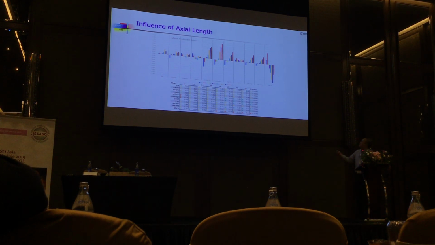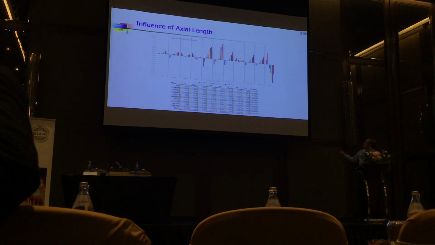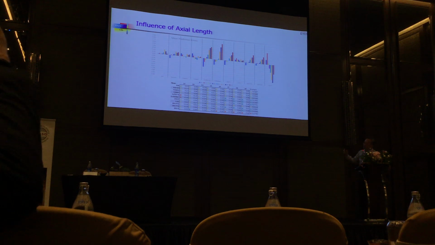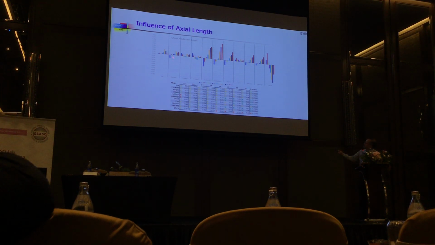These are errors. Holladay 1, Alpha Q is worse. SRKT is not so bad. That's why they say use SRKT for longer eyes. That's the first teaching. Higgins is relatively alright, whether toric or not, there's no particular trend.